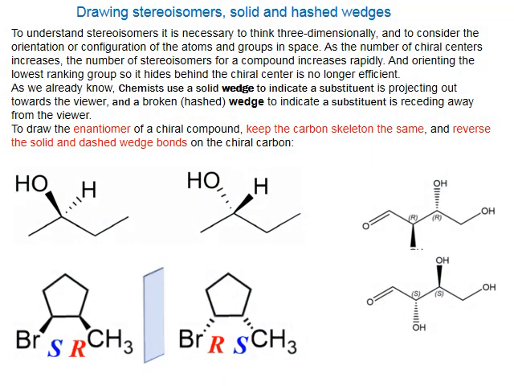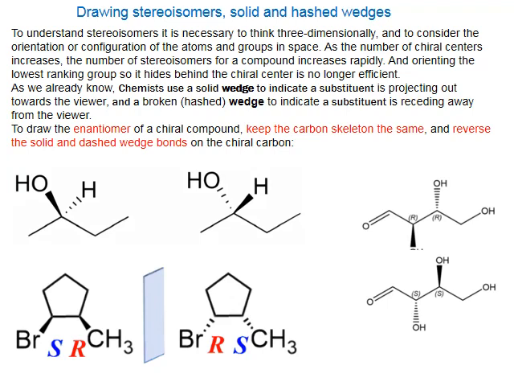To understand stereoisomers, it is necessary to think three-dimensionally, and to consider the orientation or configuration of the atoms and groups in space. As the number of chiral centers increases, the number of stereoisomers for a compound increases rapidly, and orienting the lowest ranking group so it hides behind the chiral center is no longer efficient.